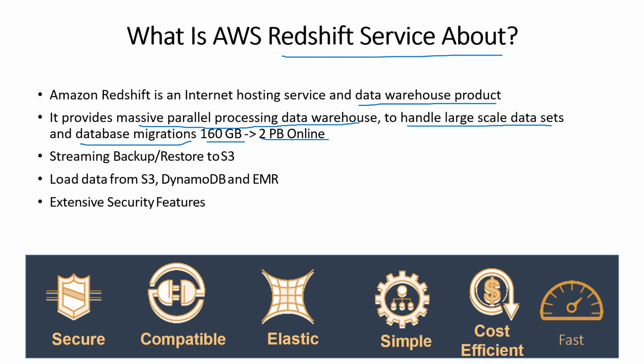It also does streaming, backup, restore to S3, and load data from S3, DynamoDB, and EMR, which are different services in AWS. And also, it provides extensive security features. In general, it's fast, cost efficient, simple, elastic, compatible, and secure.